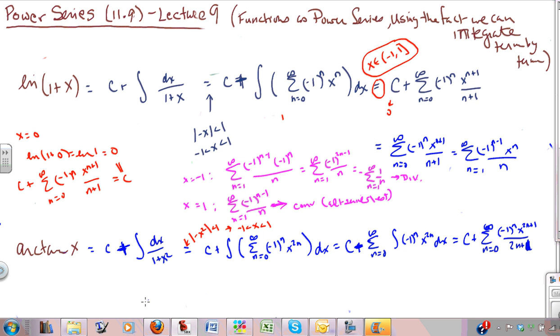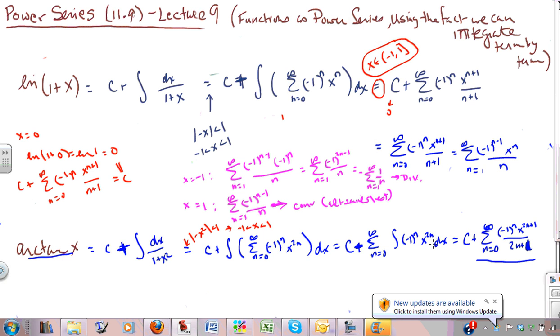So we know that arctan of x is equal to this here, as long as x is between negative 1 and 1, and it's not equal if x is bigger than 1 or less than negative 1. However, we don't know what's happening at 1 and negative 1.